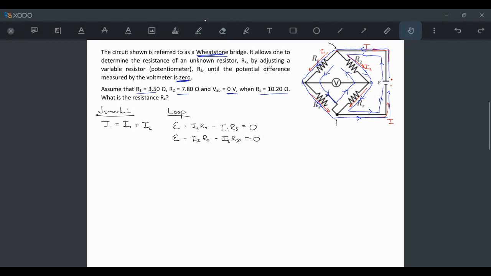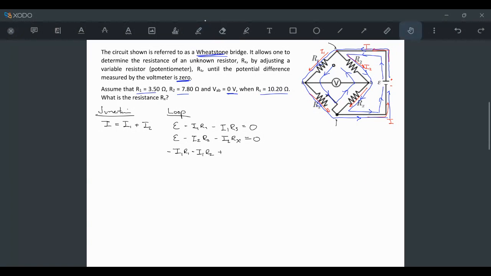Lastly, if we start at the beginning here, as I've drawn this, we can do the inner loop. So we're following I1, given the direction we're going around this loop. So the potential will drop by some amount I1 R1. Drop again, I1 RS. Then it will increase.